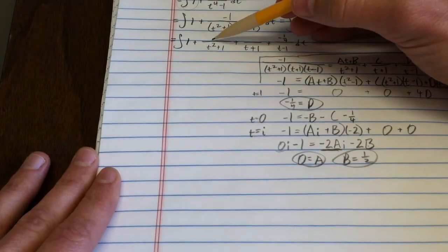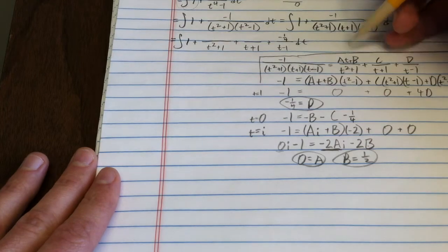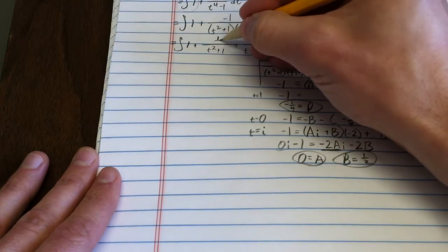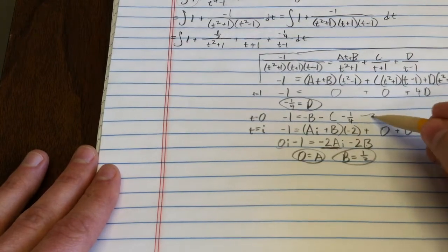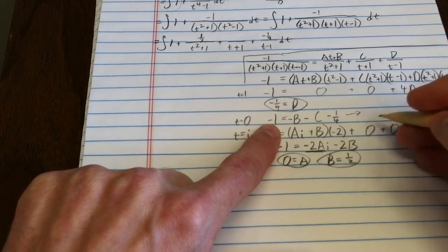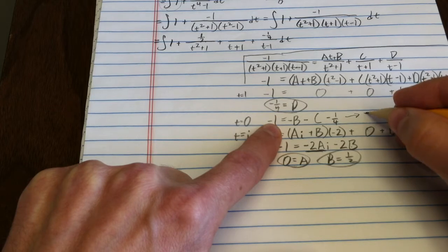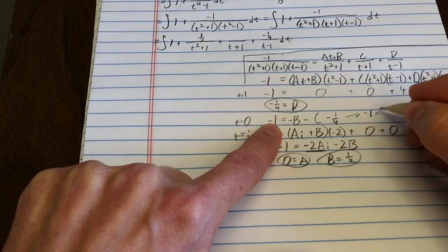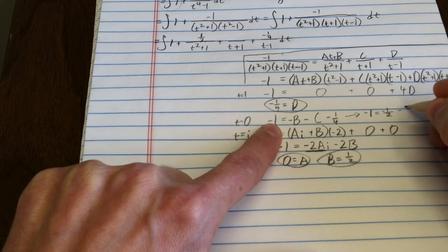That means right here I have no a's, so 0t plus 1/2. My only piece left is to figure out what c is. Well, I could do that from here now. Let's see, I could add in what b is there, so -1 equals -1/2 minus c minus 1/4.